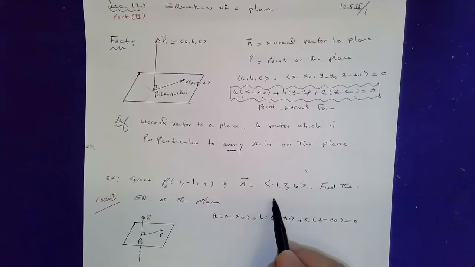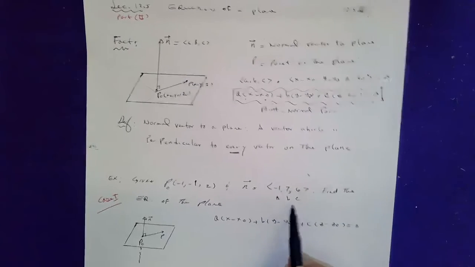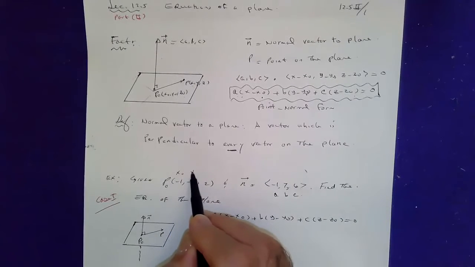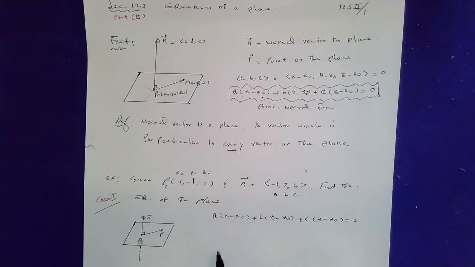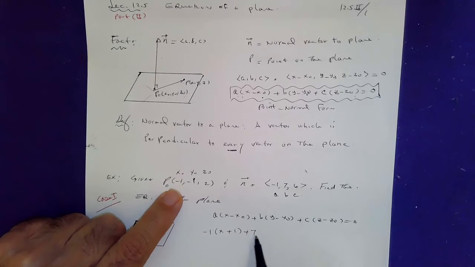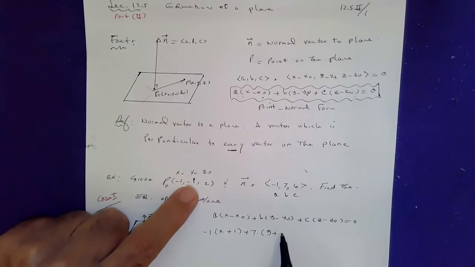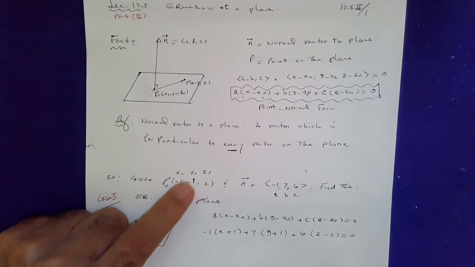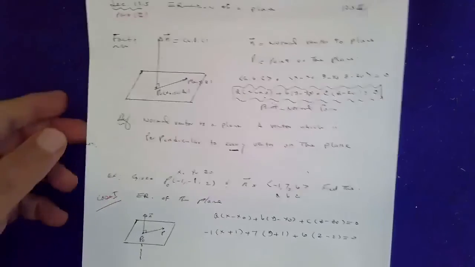So in this case, here is ABC, the components of the normal vector, and here are the components of the point on the plane. So I'm just going to go negative 1 times (x plus 1), that's minus 1, plus 7 times (y minus 1), plus C, which is 6, times (z minus 2) is equal to 0. Correct?